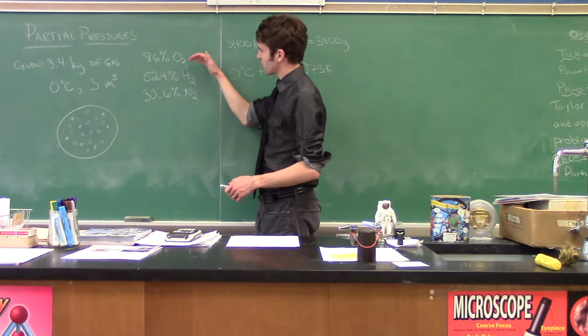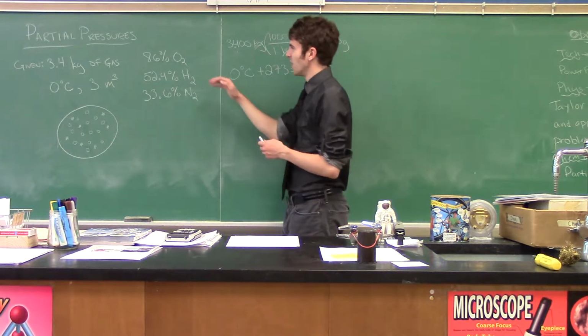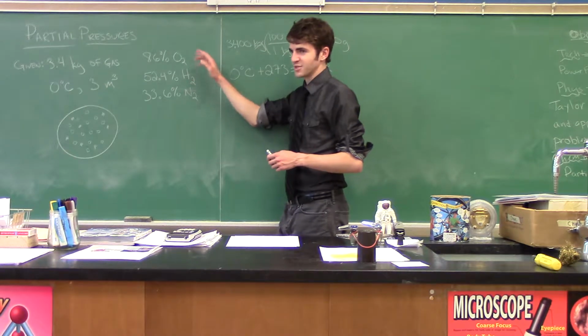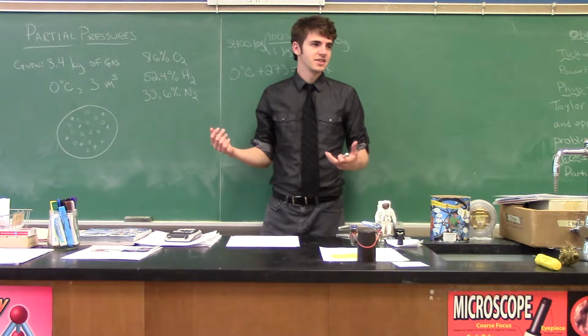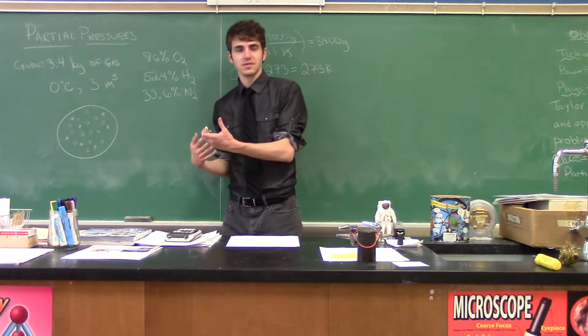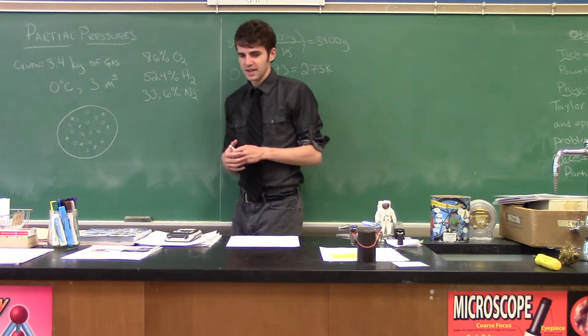Now what we're going to need, if we want to plan this out ahead of time, is the number of moles in each of these in order to eventually calculate our total pressure and, of course, what we're really looking for, our partial pressure at the end.